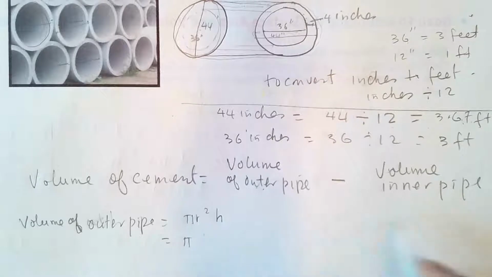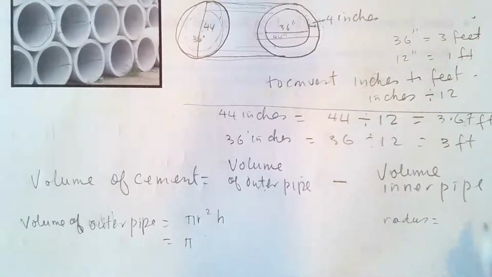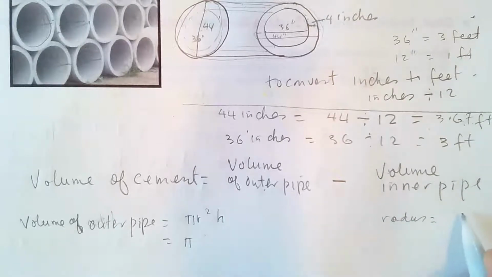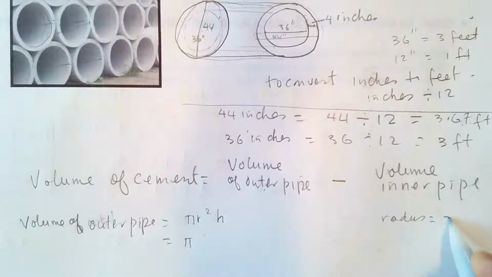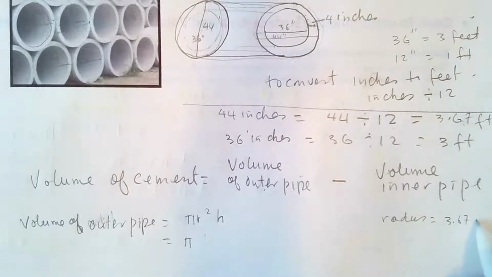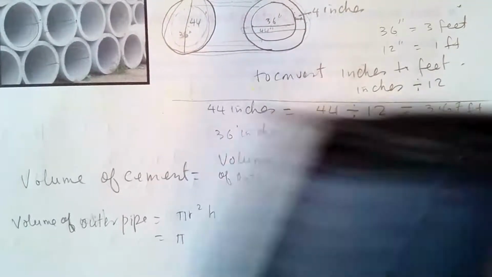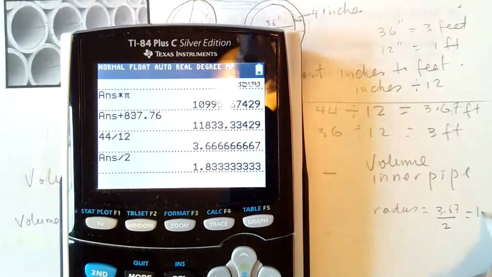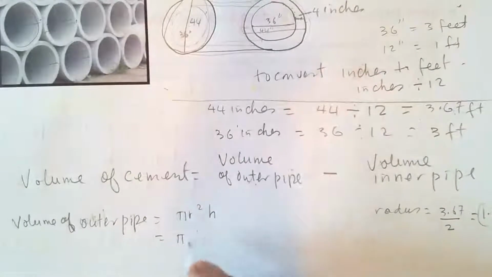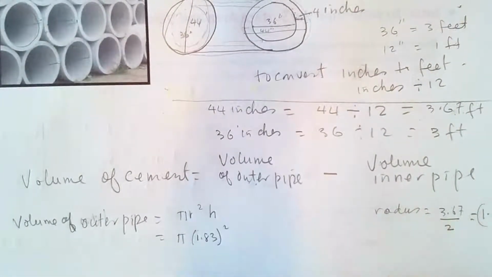The radius is equal to 3.67 divided by 2, which will give me 1.83. So the radius here is 1.83 squared.